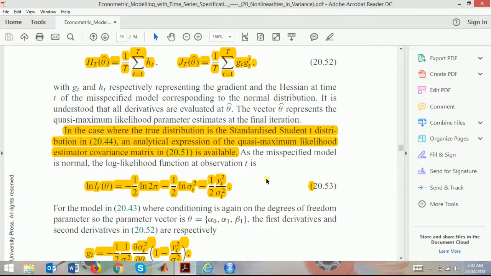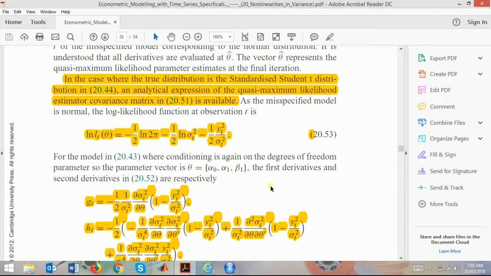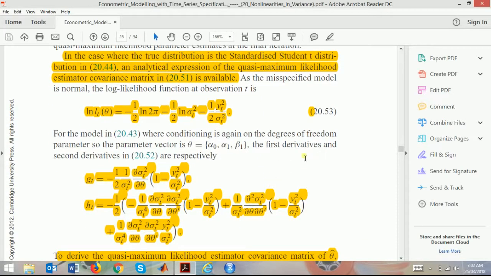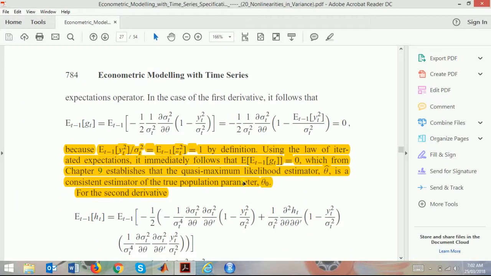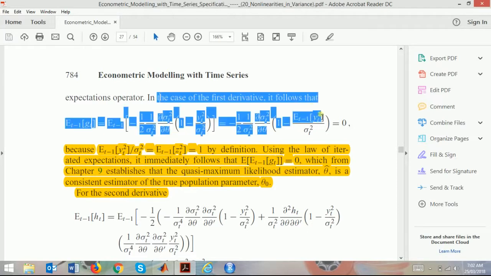The log likelihood function at a specified point is always the same, and the gradient and Hessian are generally estimated automatically without optimization. We generally have 0 mean and 1 variance in quasi-maximum likelihood estimation. That's what is mentioned here.